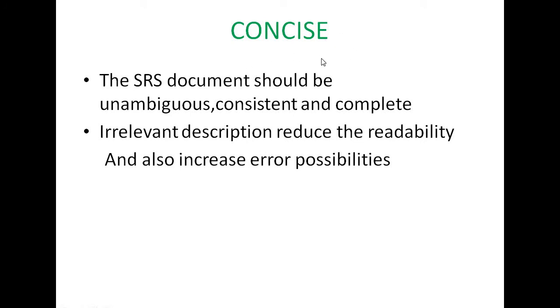What is generally concise? The unnecessary things, the irrelevant things, those that are not relevant or not important, must be deleted, must be eliminated from the document. This is the meaning of concise.